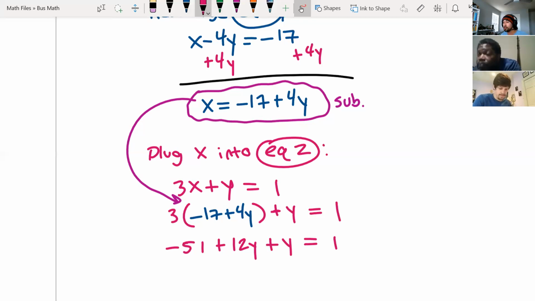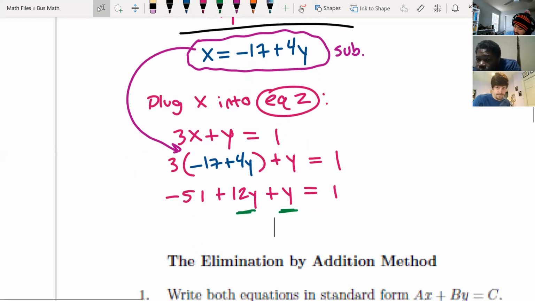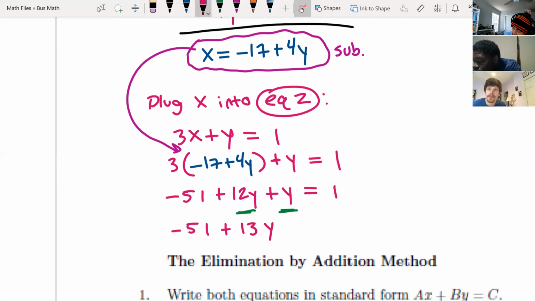Okay, so we distribute the 3, and now we'll add our like terms up, and our like terms here are the 12y and the y. And I'll get negative 51 plus 13y equal to 1.